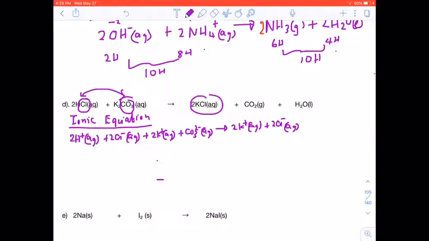Then carbon dioxide is in molecular form, so we leave it. It remains in molecular form. And then we have H2O liquid, right?